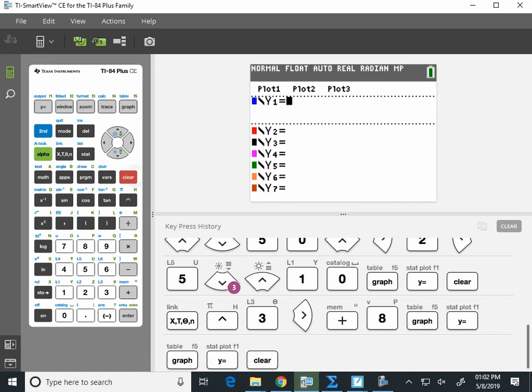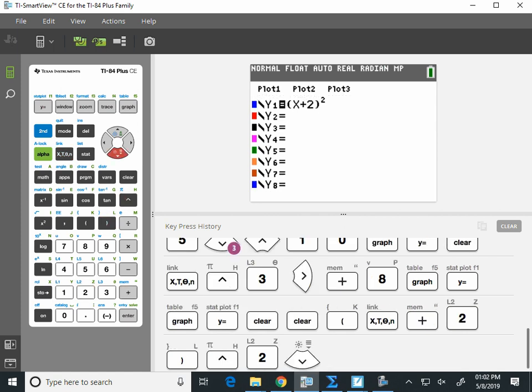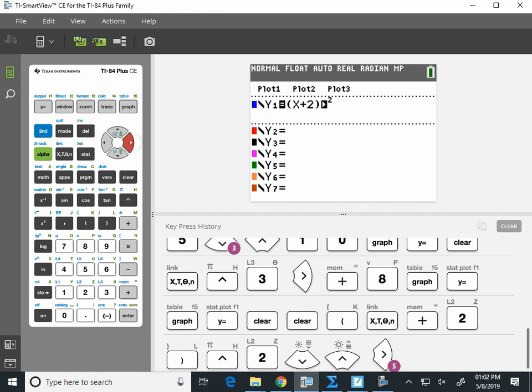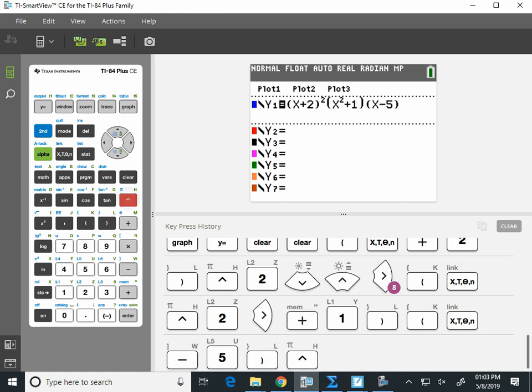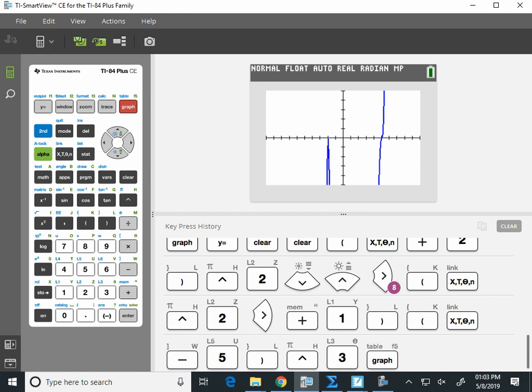Go to y equals, and we're going to type in x plus 2 squared, and then times x squared plus 1 times x minus 5 cubed. Right? And then hit graph. And when we hit graph, you can see that the graph touches the x-axis twice.